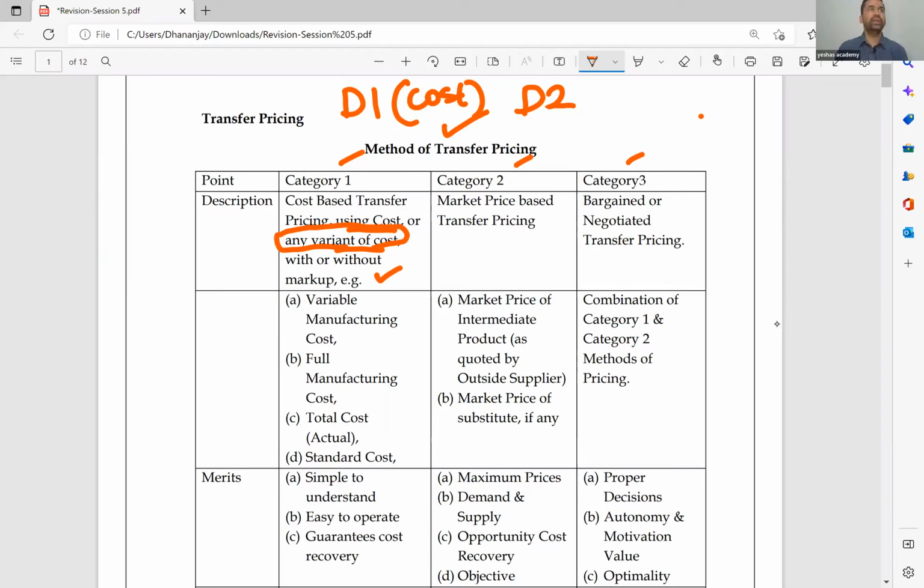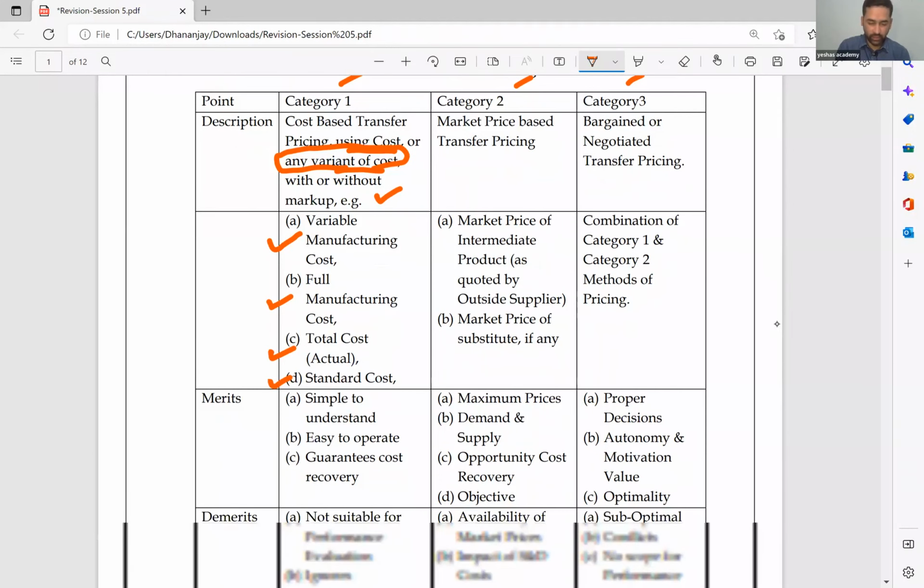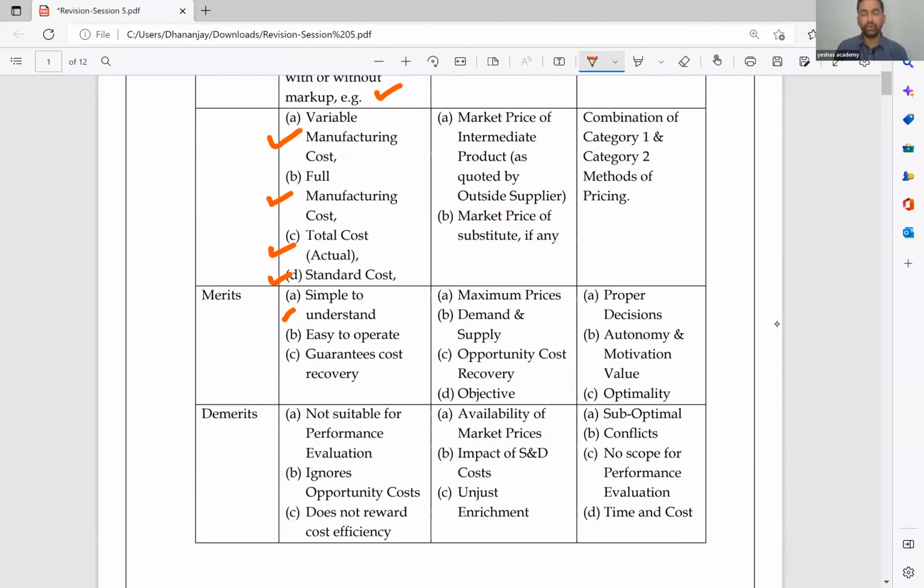We are not adding any markup. We are not adding any profits. As I told you, different variants of cost: variable cost, full manufacturing cost, total cost, or even standard cost. The merit of this is that it is simple to understand, easy to calculate, and guarantees full cost recovery to department 1, the one that is transferring. They know that they will recover full cost.